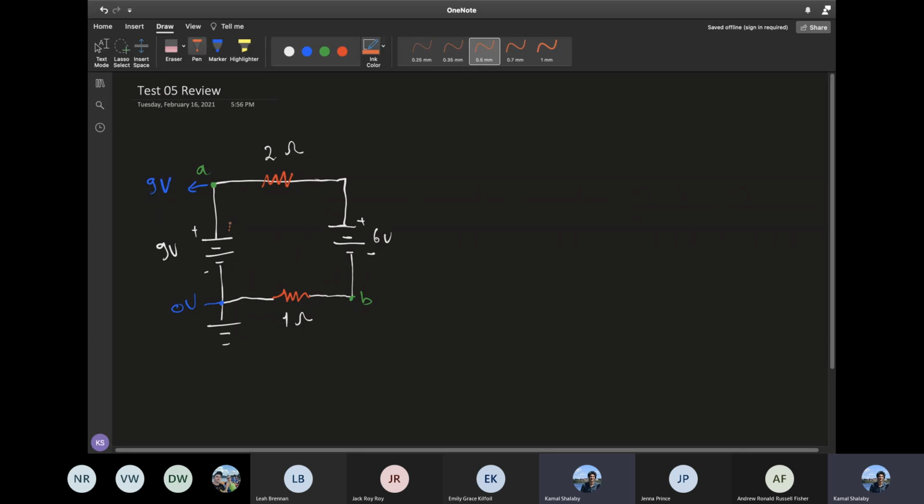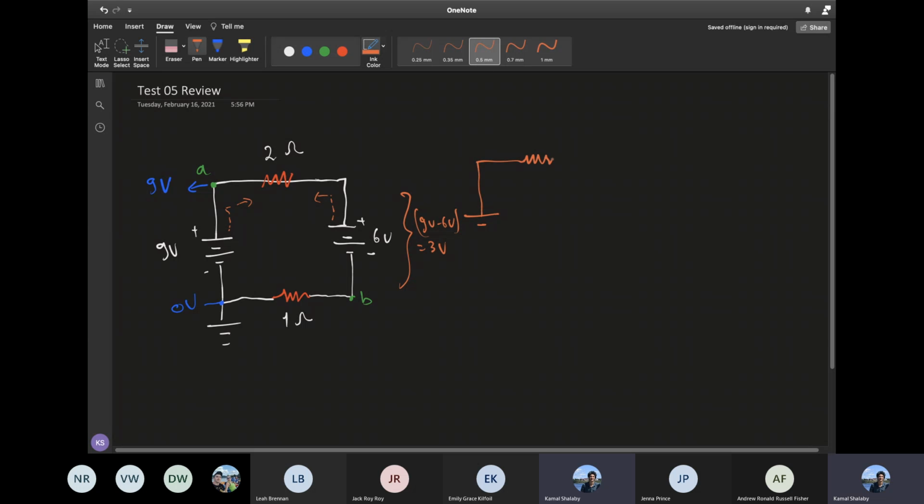One of them would have current going this way, and the other would have current going this way. So in a way, you can simplify it by taking the difference between the 2 batteries and just make it 3 volts. So this will be 9 volts minus 6 volts, which is equal to a 3 volt battery.